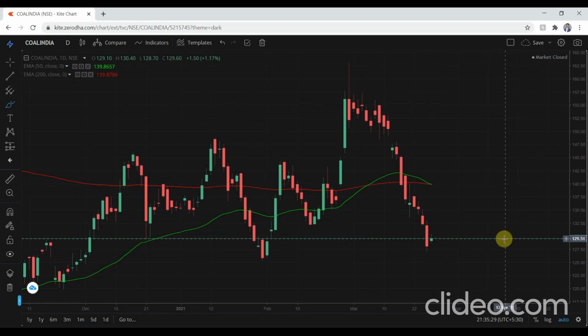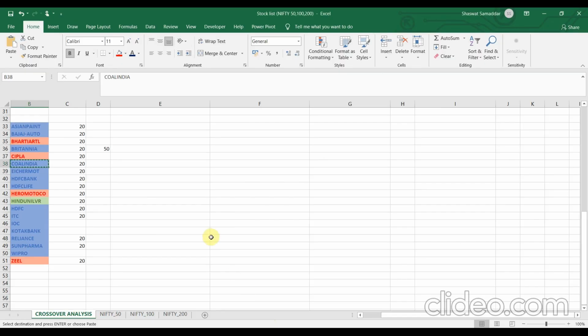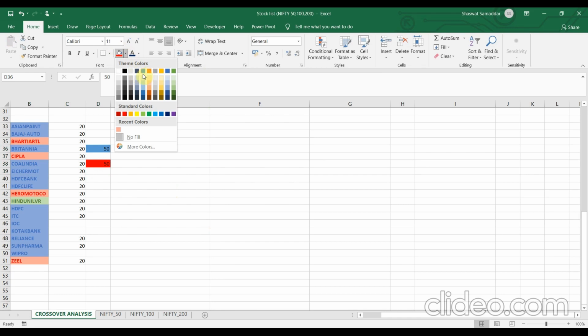Yeah, it has shown the crossover by 0.01 points. Okay, so it's a bearish sign for Coal India. So, okay, for 52, I have to check. Next is, let me mark it as red. Next is Eicher Motor. I'll mark it as blue, this one.